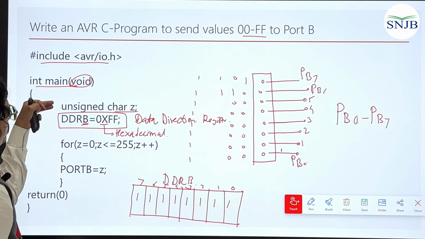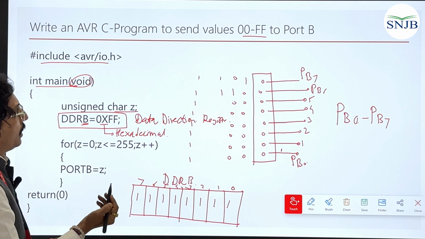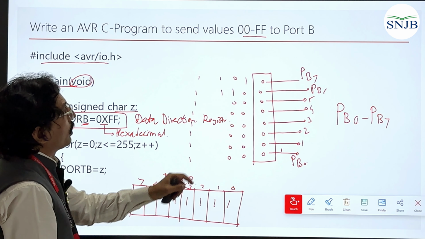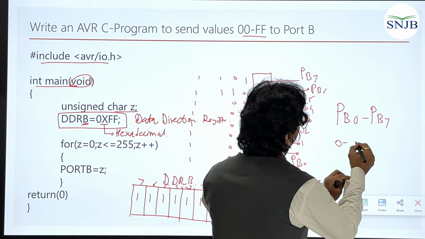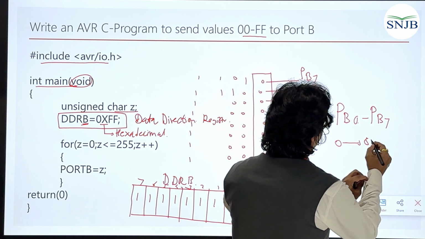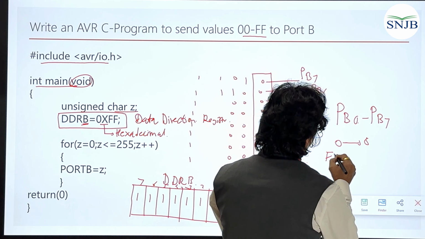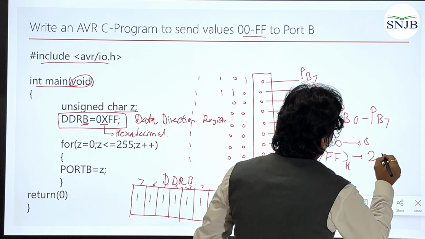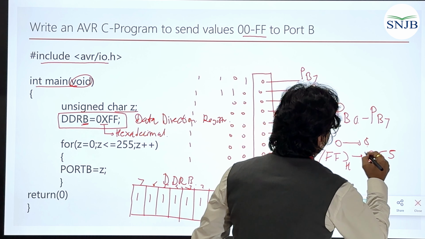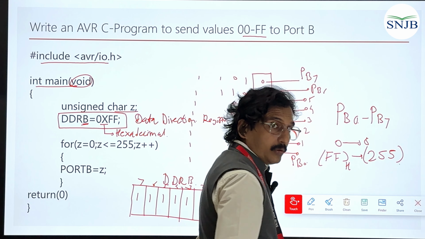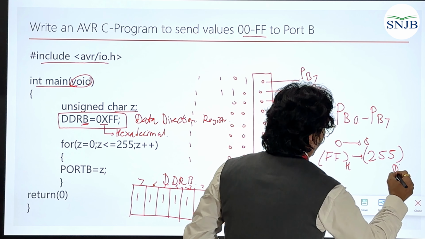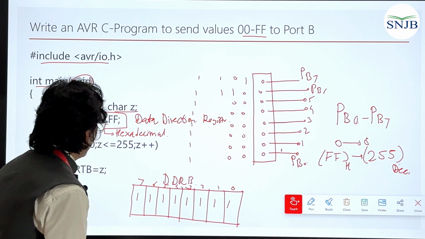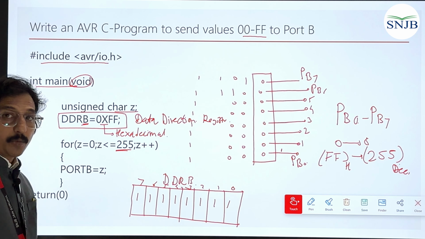Now here, as it has been mentioned, unsigned char Z, and we cannot directly store hexadecimal values. We have to convert them into decimal values. So the value of 0 is 0. And the hexadecimal value FF in decimal is 255, and that's why this is the value which is taken as the maximum value.